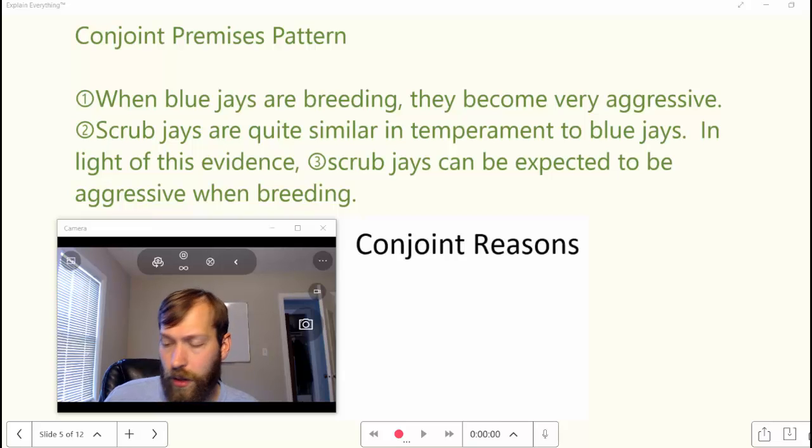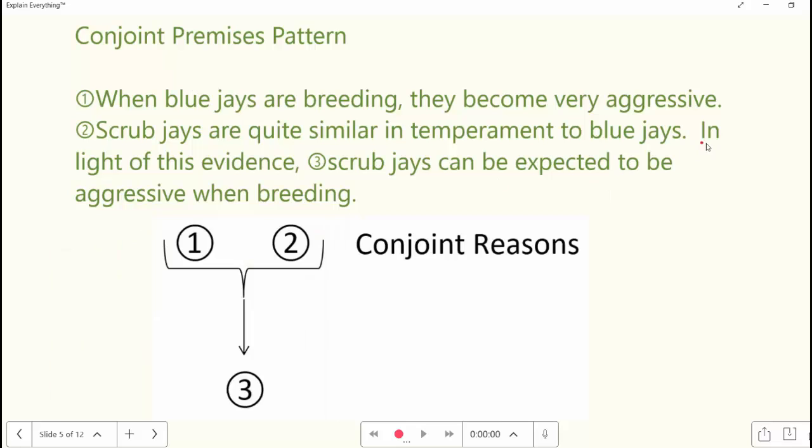So one of the things that should jump out to us is that "in light of this evidence" is telling us that 1 and 2 are pieces of evidence for 3. So basically this is a conclusion indicator, right? "In light of this evidence" is a conclusion indicator for 3. And let's see now why that is.